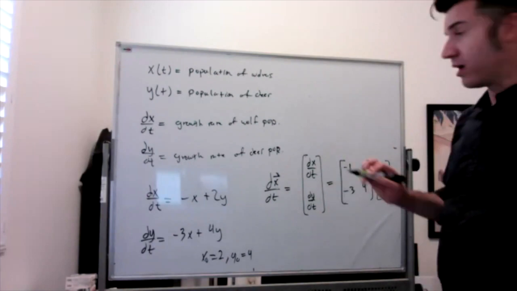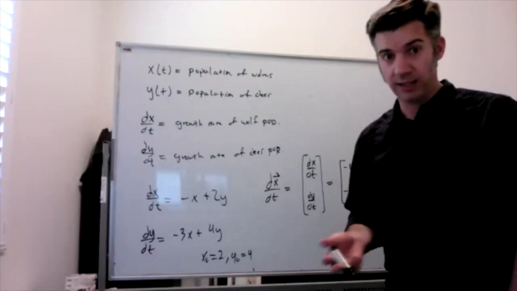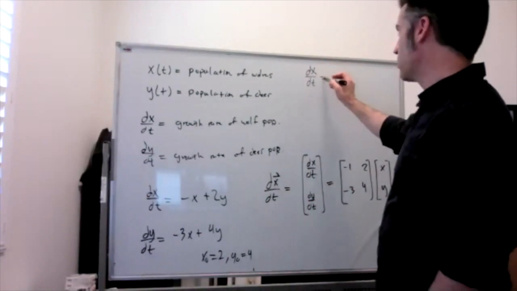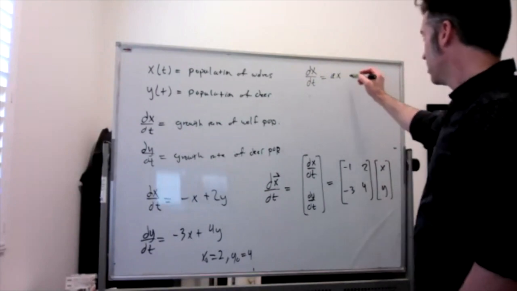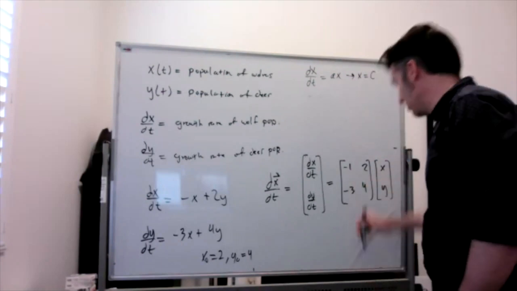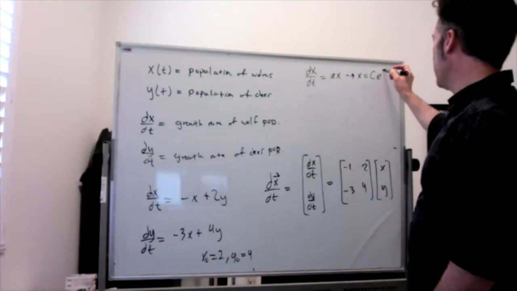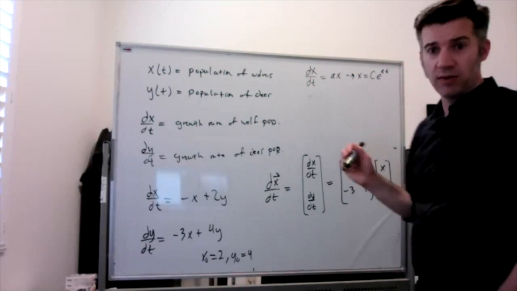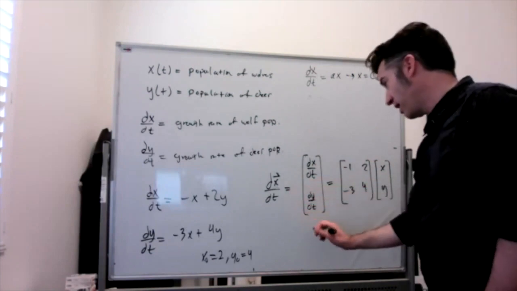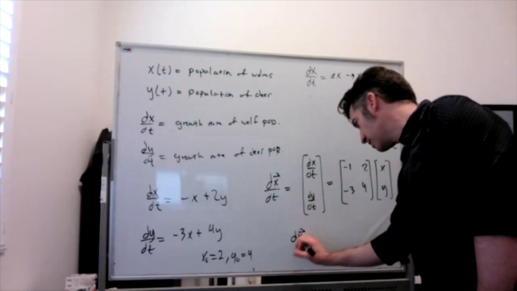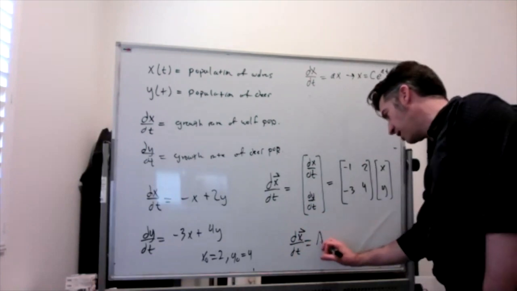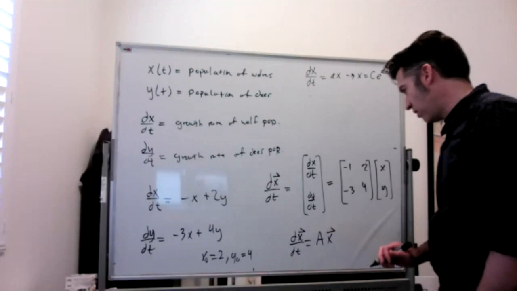So here's the thing. We know from earlier this class and in lecture that if dx/dt equals a times x, we get that x is equal to c e to the a times t. And that was our solution. So we're going to have the same idea. What we've really got here is that dx/dt equals a matrix A times the vector x.